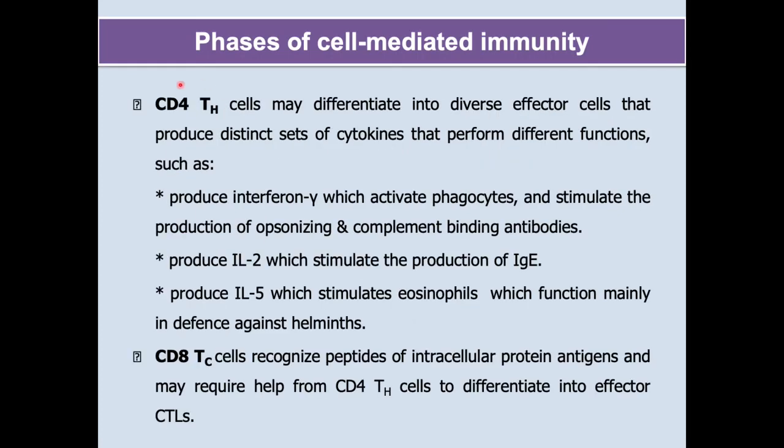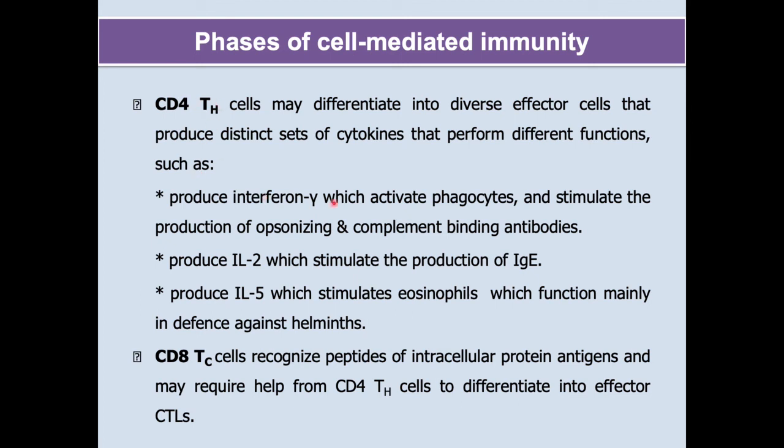Okay, CD4 T helper cells may differentiate into diverse effector cells that produce distinct sets of cytokines that perform different functions. Just now, the CD4 T helper cell secreted interleukin 2 to activate proliferation of T cells. Now these are the other cytokines secreted by the T helper cell.